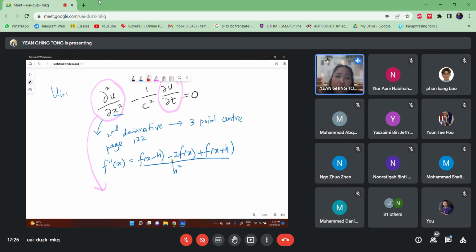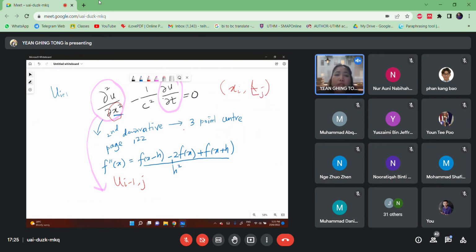Okay, so this one is with respect to x. So here is u i, minus h, the step size, minus 1. We will use that. And then j, we do not touch. Because just now, you remember I said that we want to solve at point xi, tj at this point.